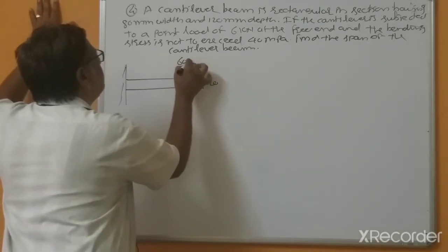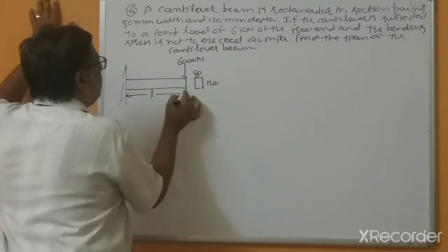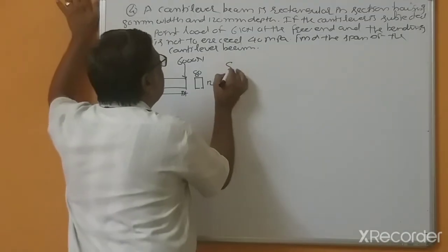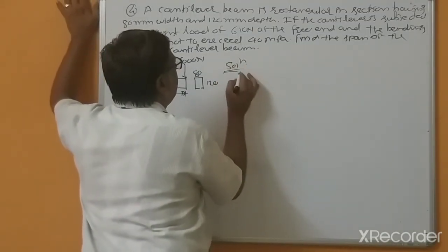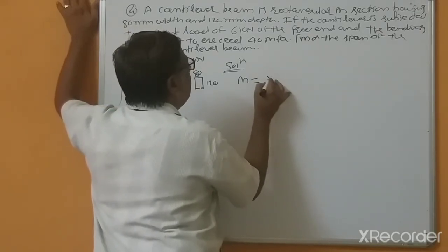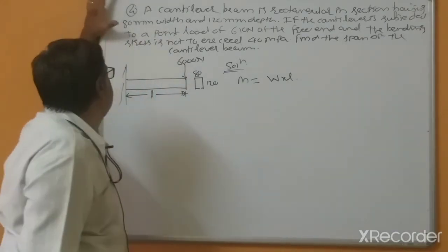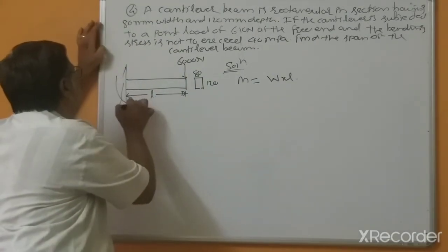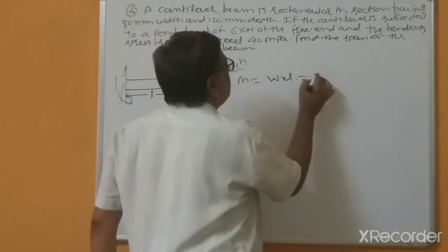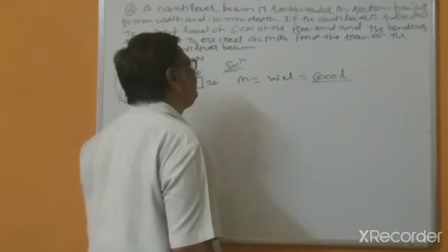This is 6000 Newton and this is L. So solution: moment equal to W into L for cantilever beams, because the moment acts at the free end, W into L. So this is equal to 6000 into L.